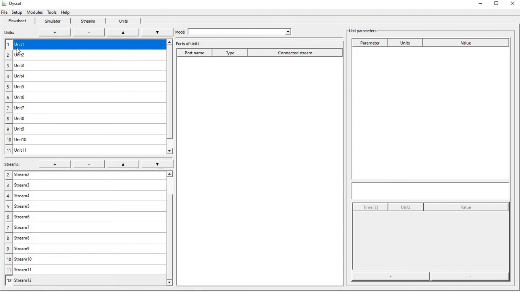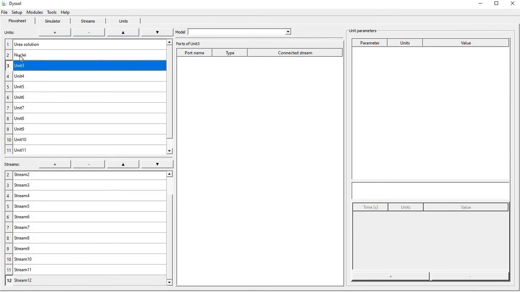According to the given process structure, I will rename my unit operations. So this will be urea solution, this will be nuclei, that will be fluidization gas.